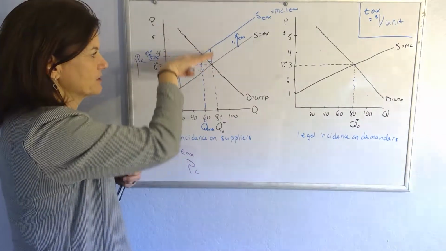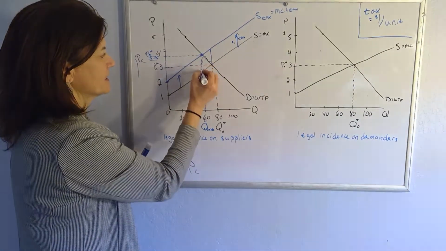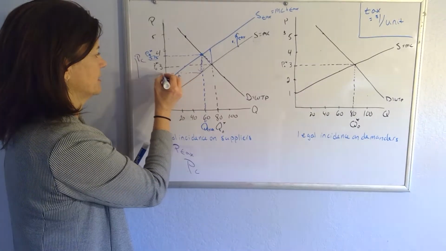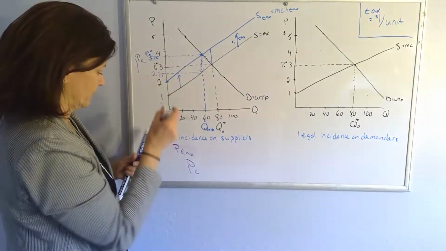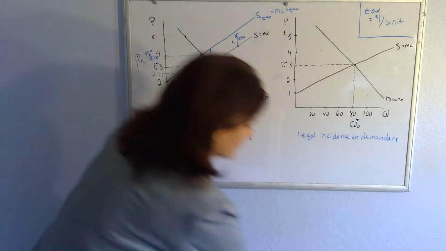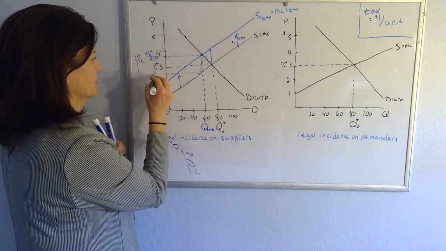Remember, the difference between these two curves is the amount of the tax, which is $1. So they charge $3.75, they send $1 back to the government, so they only end up keeping $2.75. Let me make that green, just to distinguish it.